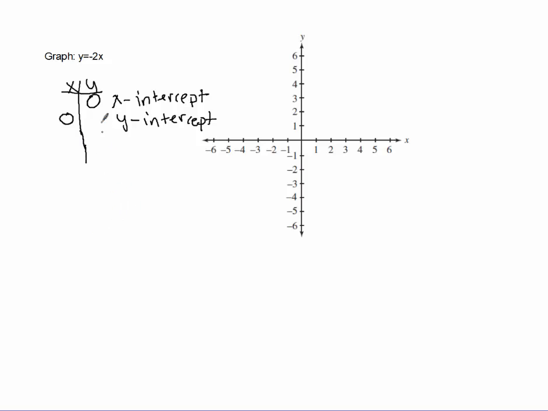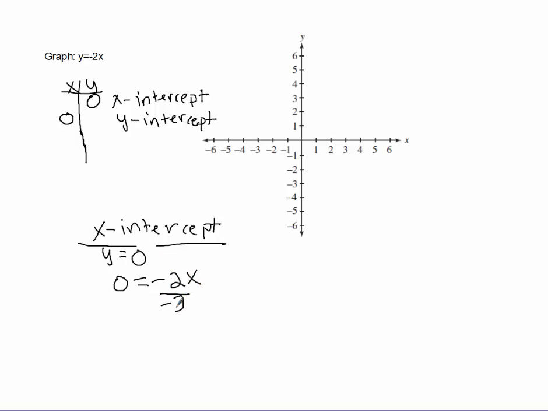Now if you put it in table form, it's kind of like what we did last time, but it's nice to label them separately so that you know which one you're finding. Again, we're going to find the x-intercept first, set y equal to 0, so y is 0, and negative 2x on this side.